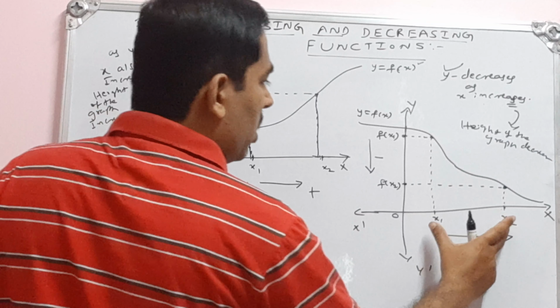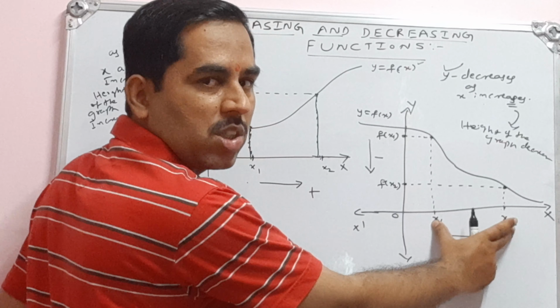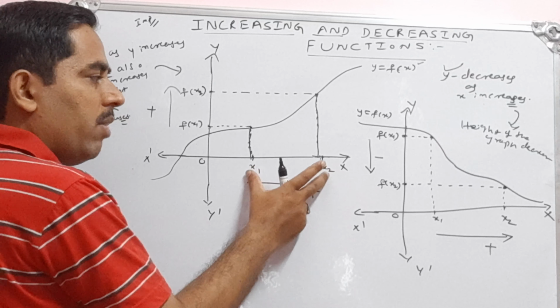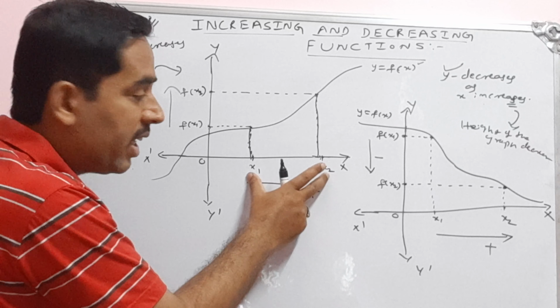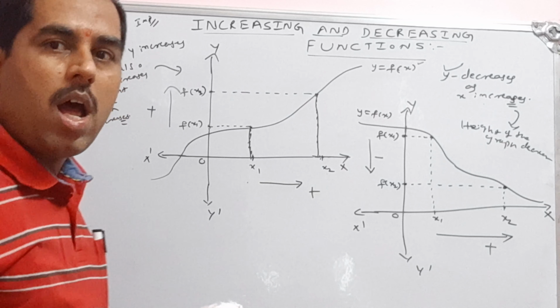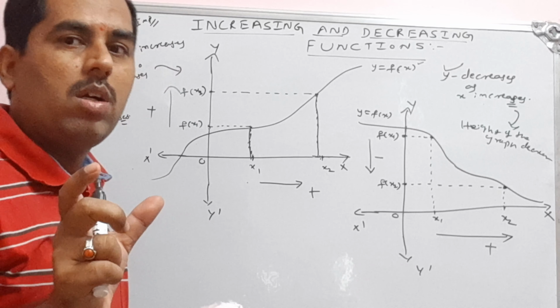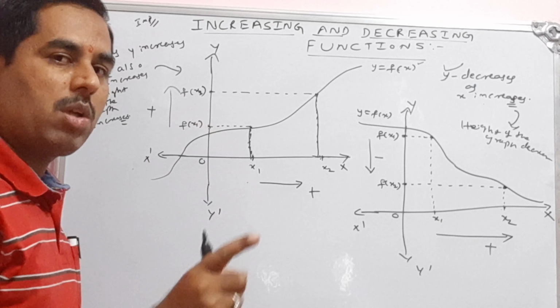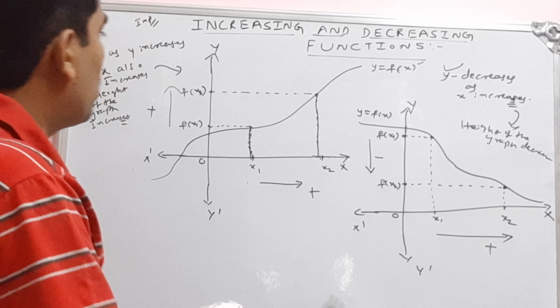This is an interval. I have specified some numbers x1, x2. Here also I have specified some numbers and I am discussing whether the function is decreasing or increasing in this specified interval. I am not taking all the points on the x-axis. I have fixed one interval on the x-axis. So what are the observations from these two graphs? Observe here.